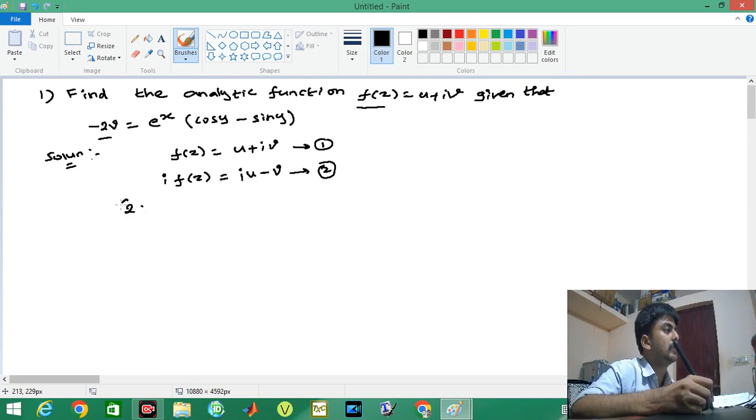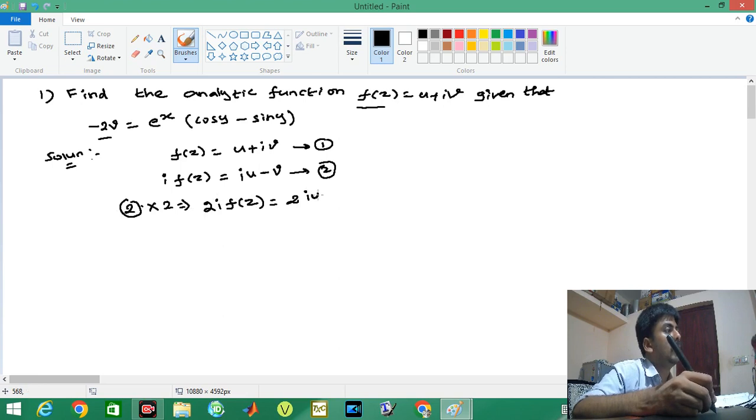Equation 2 multiplied by 2 implies 2i f of z equal to 2i u minus 2v.